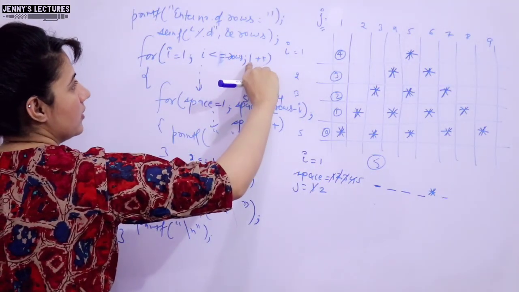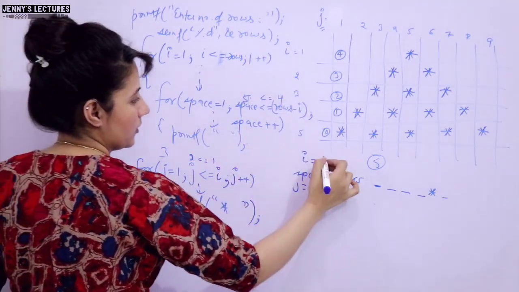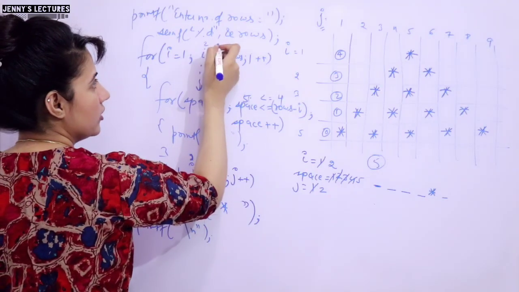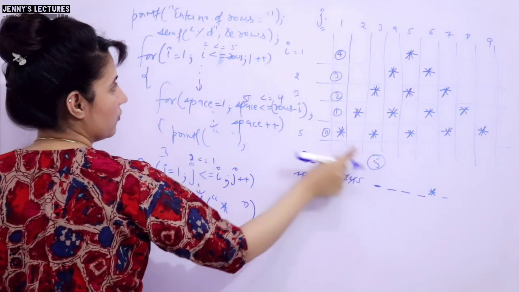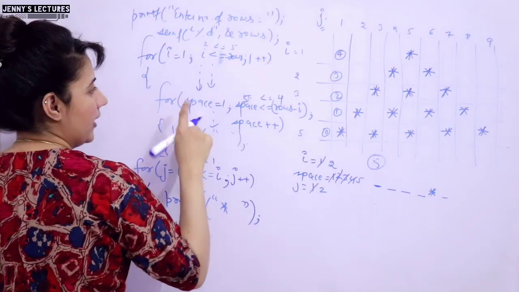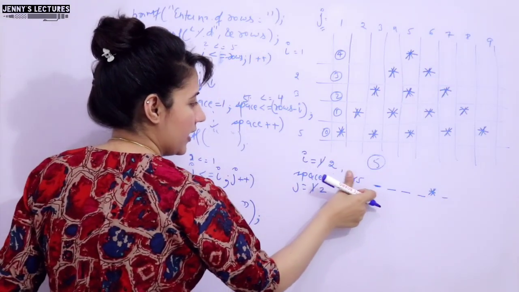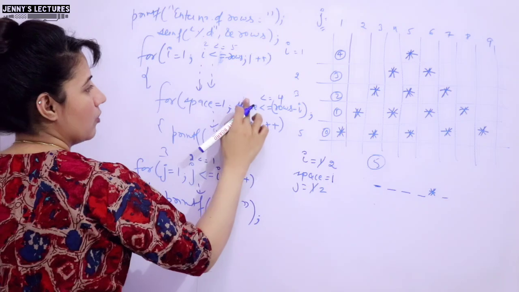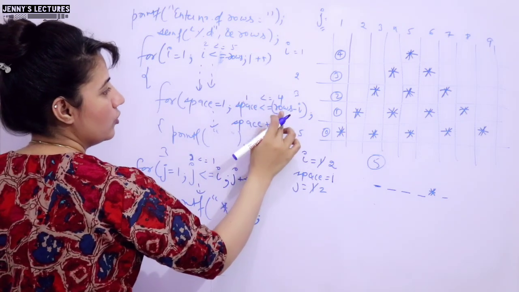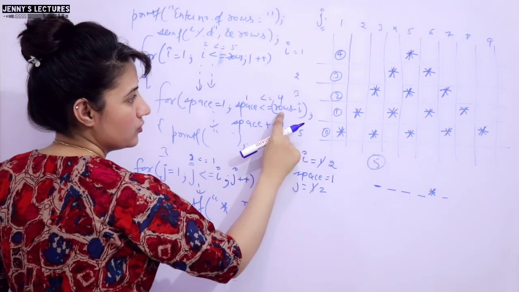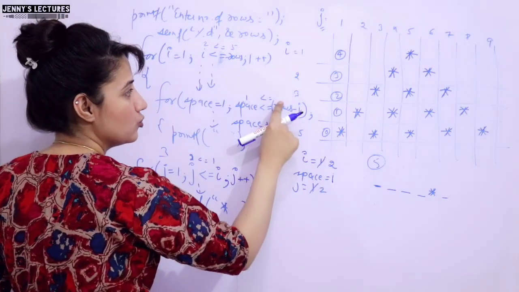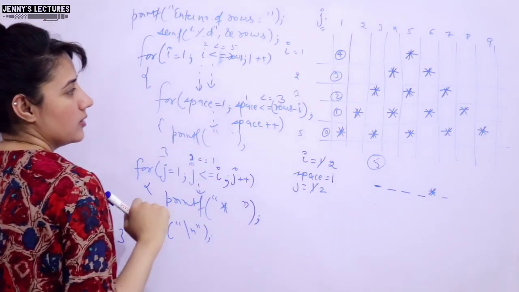Now what? We are now in the outer loop. So I plus plus, now I becomes 2. 2 less than equal to number of rows? Yes, 2 less than equal to 5. Number of rows is 5. Condition true, enter here, space again would be initialized with 1. Now see what this condition is: rows 5 minus I value, which is now 2. 5 minus 2, that is 3.